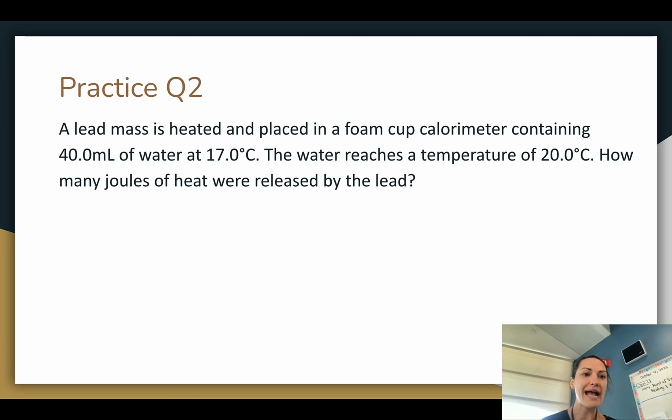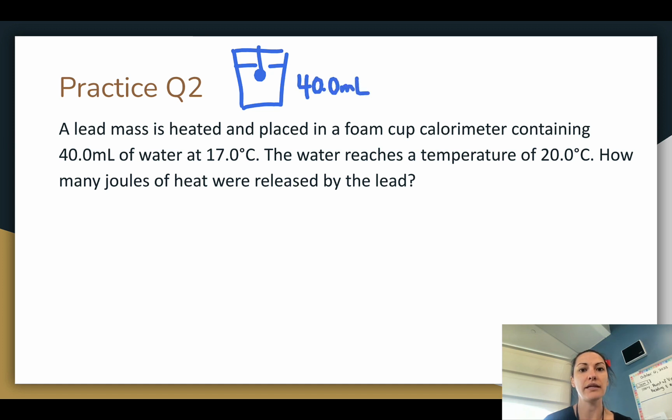So let's try out a calorimetry example. We've got a lead mass that is heated and placed in a foam cup calorimeter. So we heat it up, it's hot, and we put it into our foam cup calorimeter. The calorimeter has 40.0 milliliters of water at 17.0 degrees Celsius. The water reaches a temperature of 20 degrees.